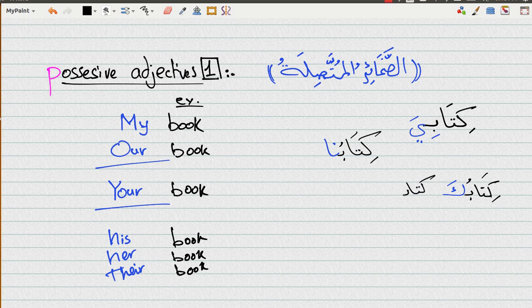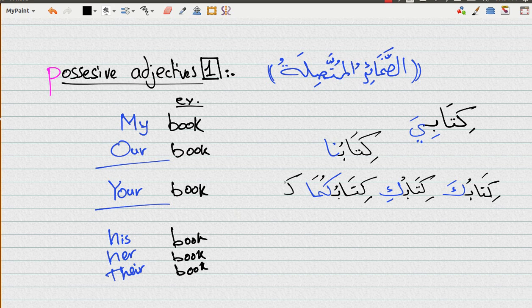I'm talking to a girl, I'd say kitabuki. If I'm talking to a dual, meaning two people, I'd say kitabukuma.